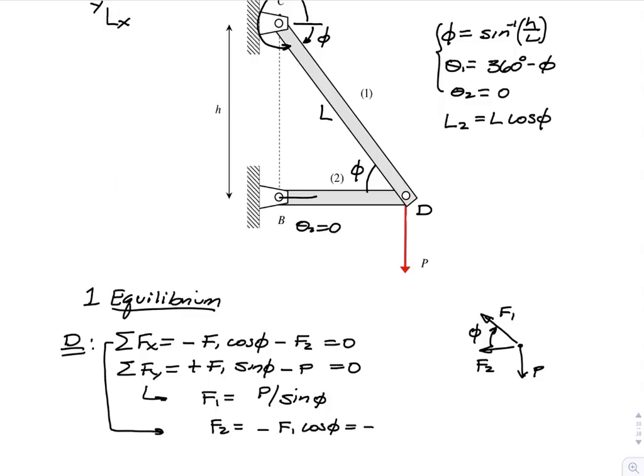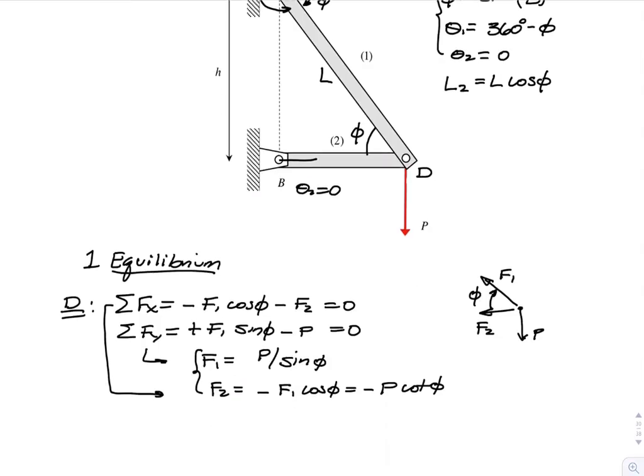So that's going to be minus P times cotangent of phi. So this problem, as far as determining the member forces, is determinate. We were able to get two equations for the two unknowns.